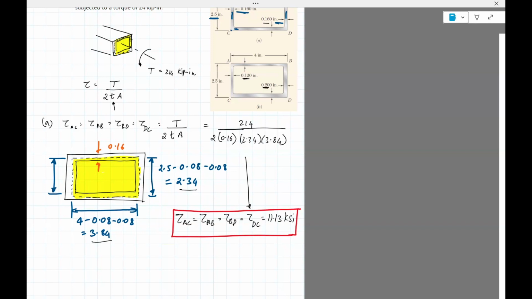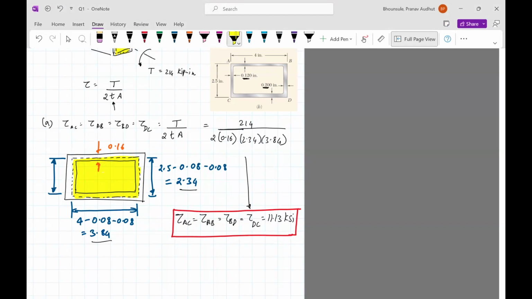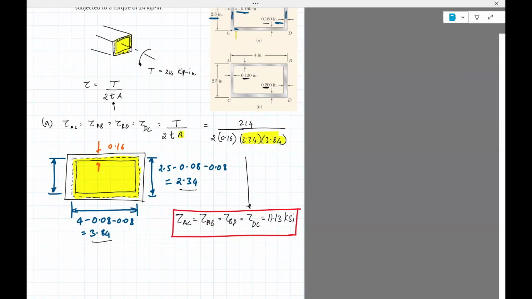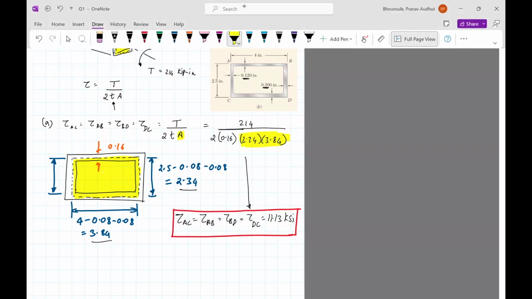Okay, let's solve part B in a similar fashion. I need to, again, do the same thing, find the area. Maybe we should show it like this. This is the part in yellow. Okay, let's do the same thing.